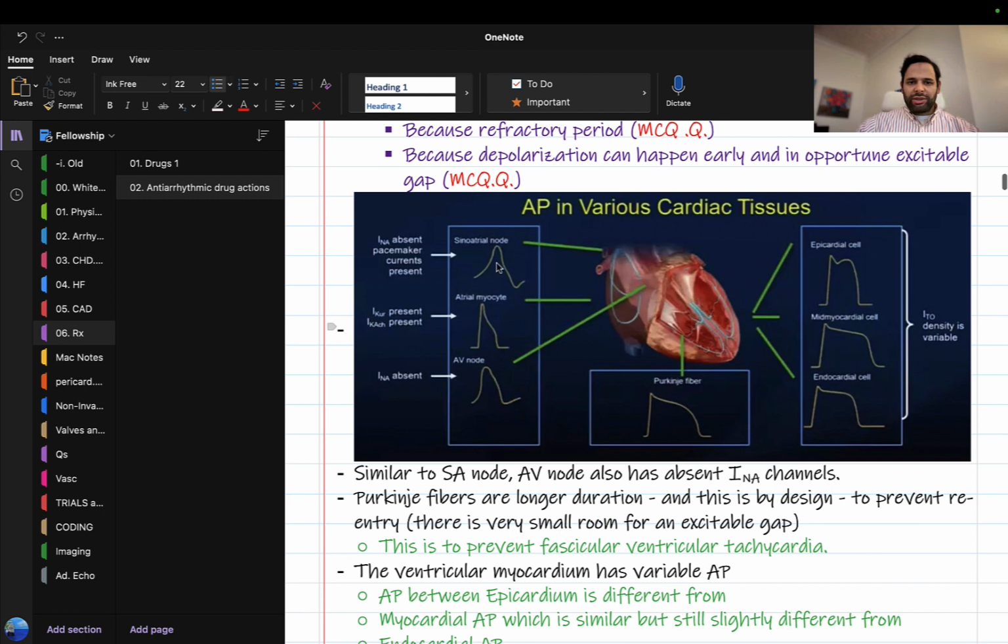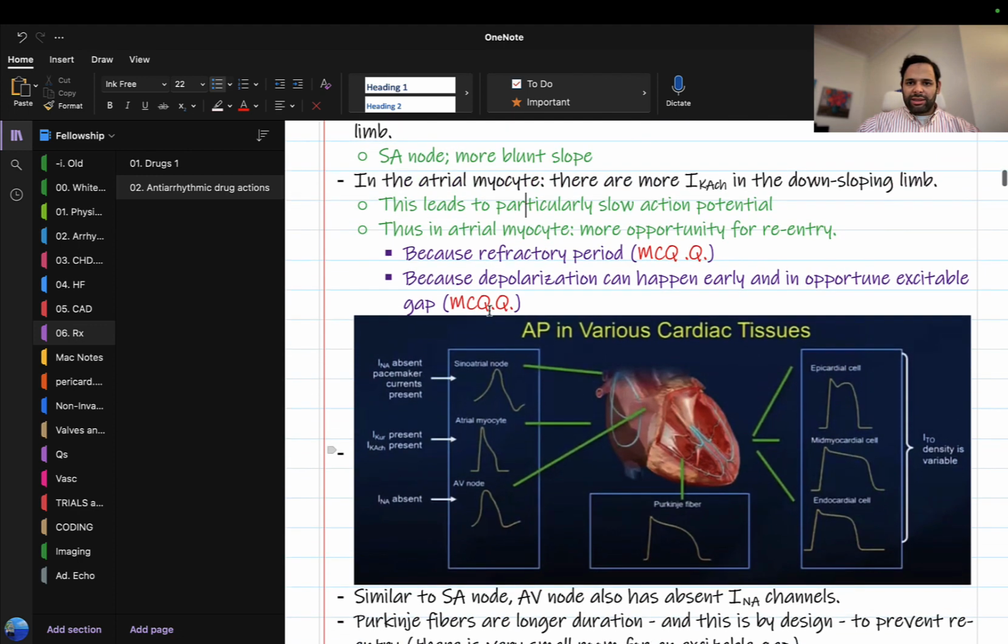So you see the atria. The sodium channels are absent. The pacemaker current is slower, and we have different potassium channels here, and we have a slower up and lower slope. As you go down to the atrial myocyte, and you're getting out of the sinus node, which is autonomous, you have the IKr present and the catecholinergic potassium channel present.